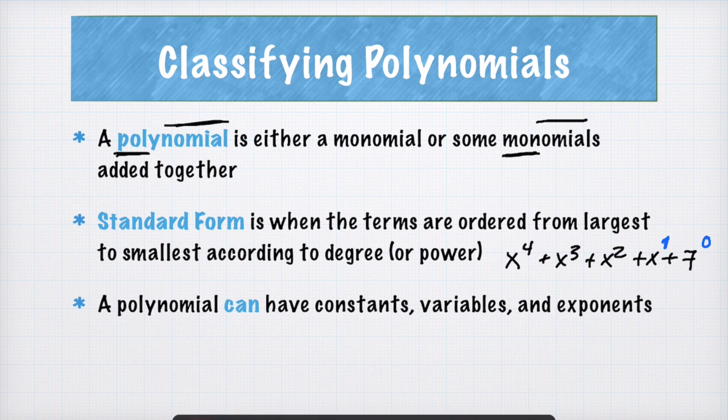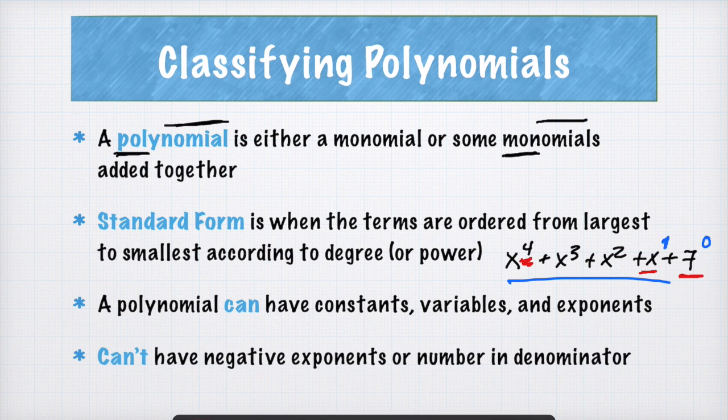A polynomial can have constants, variables, and exponents. So if you look up here in this polynomial that we have right here, we have a constant. Here, I'll highlight it in red for you. We have variables, so like this, and we also have our exponents.